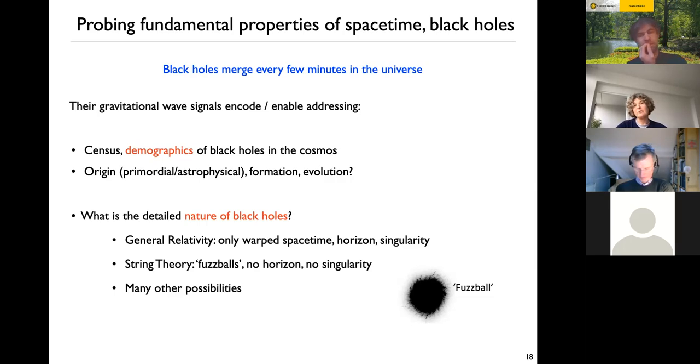But there are also many, many other possibilities for compact objects that look kind of like black holes, but under closer scrutiny turn out not to be. And now that we have all of these many binary black hole mergers, we can also ask what the data tell us about this.